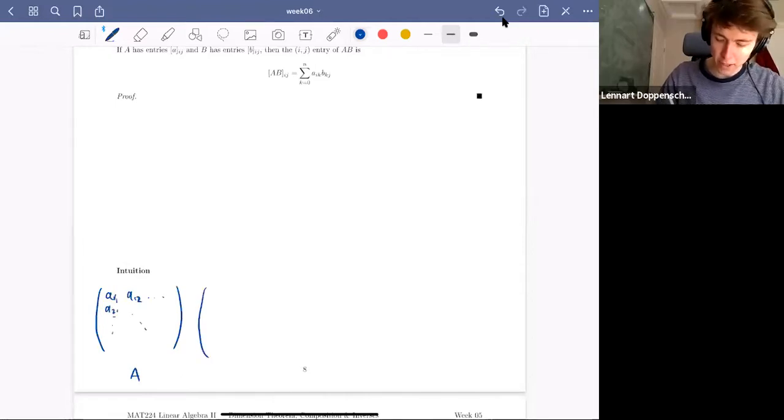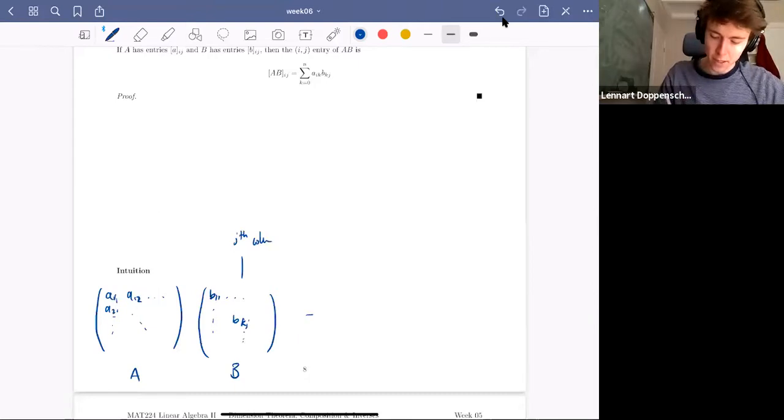And I have another matrix B with B11 and so on. Somewhere there's some BKJ, which means that this is the jth column and so on.